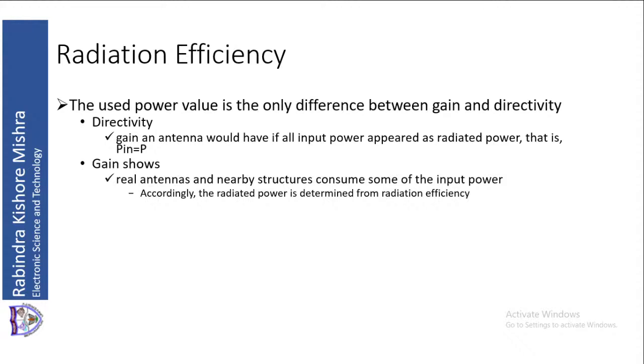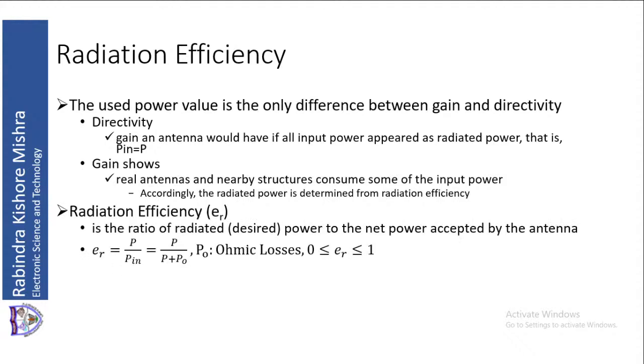That shows that the antenna consumes some amount of the input power, and nearby structures to the antenna also consume some of the input power. Accordingly, the radiated power is determined from the radiation efficiency. Because gain is less, radiation efficiency gives you the total radiated power.